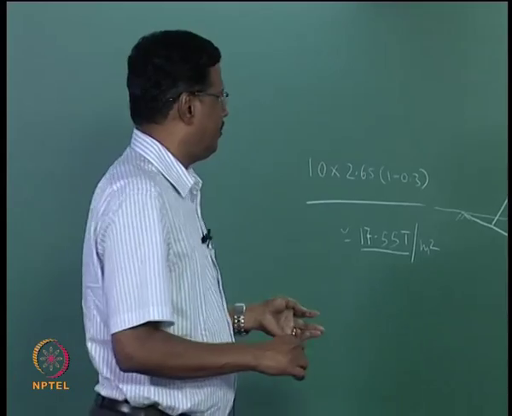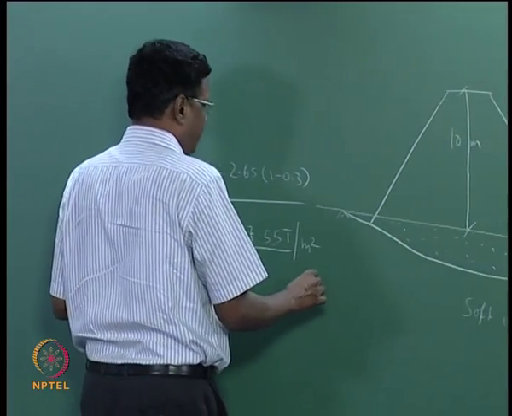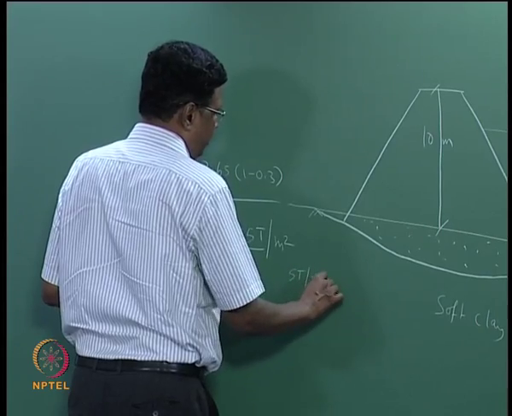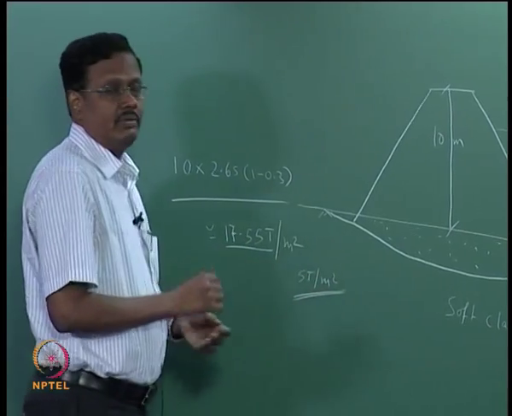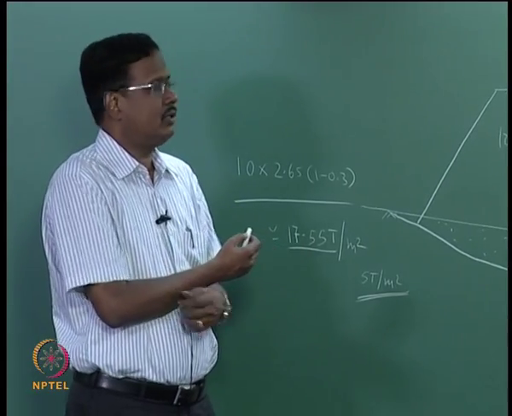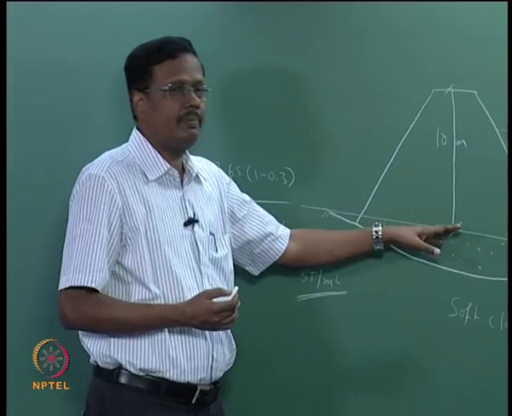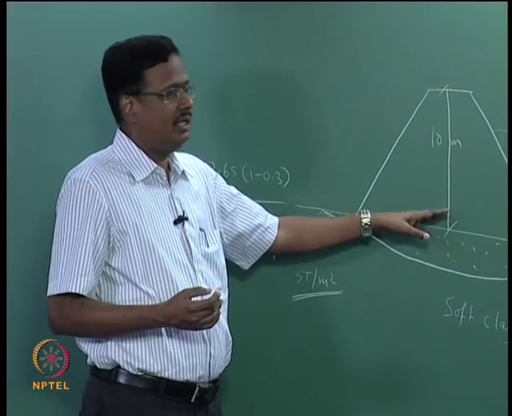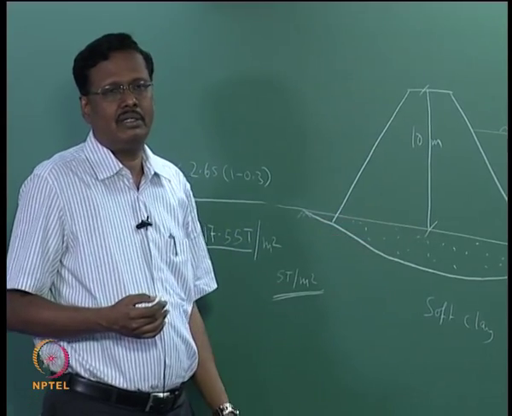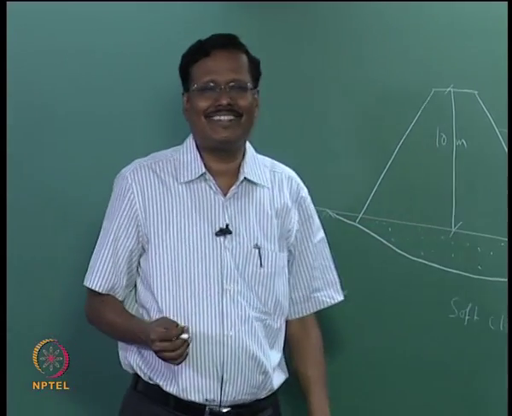For some soft clay deposits, the bearing capacity can be much less than 5 tons per meter square. This is the lowest value, but some of the soft clays may have only 1/10 of that. So if the capacity is 5 tons per meter square and you put 17.55 tons per meter square, what will happen?